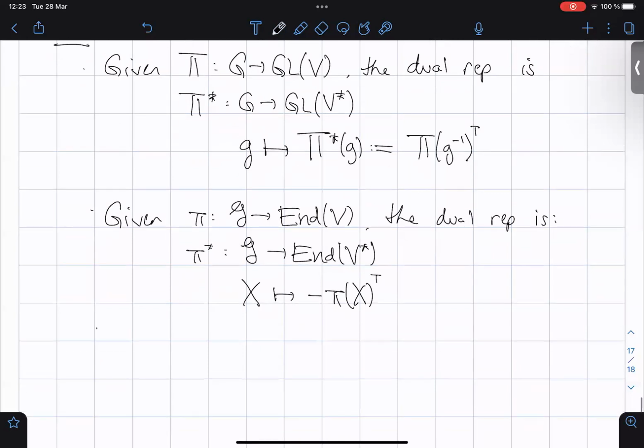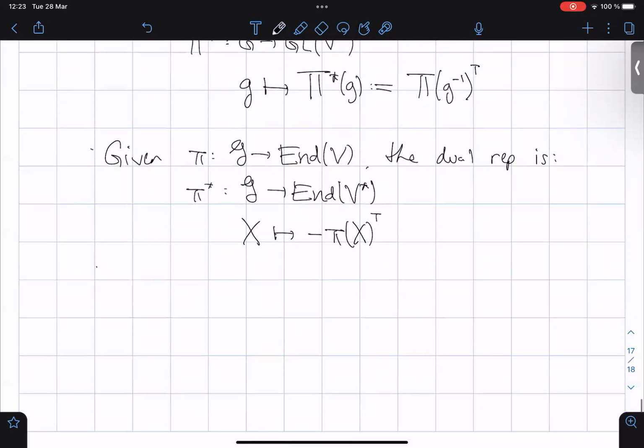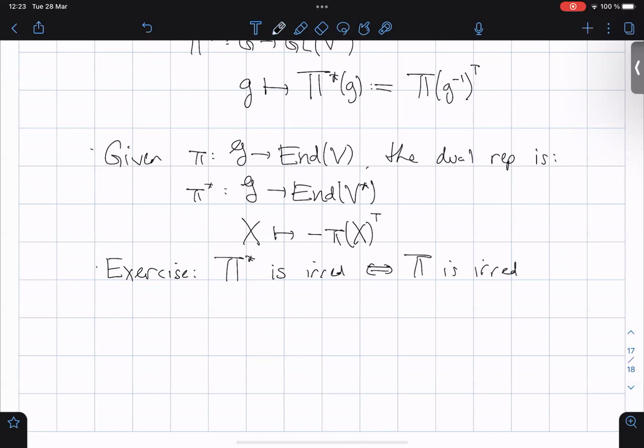Okay, but just let me do a little bit of review here. And I think Erwin probably also stated some results like this. So at the group level, pi star, this dual representation, is irreducible if and only if pi is irreducible.